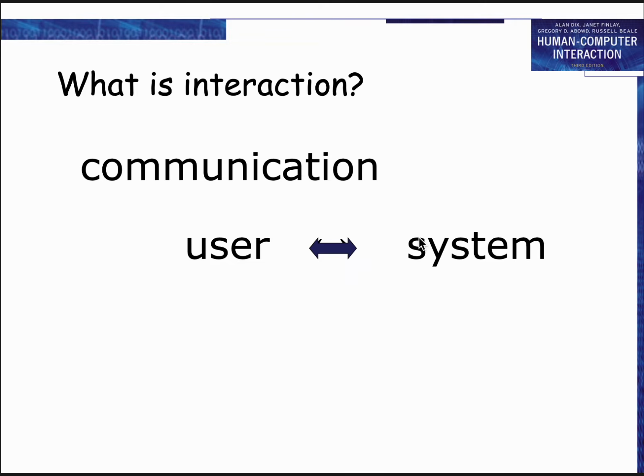So by definition, based on computing domains, interaction is basically the communication created between the user and the system through a particular interface. We learned in HCI 1 that a successful interaction relies on how effective the interface translates the interaction between the two.